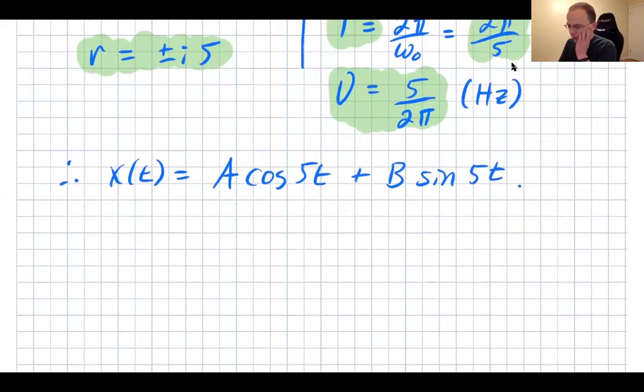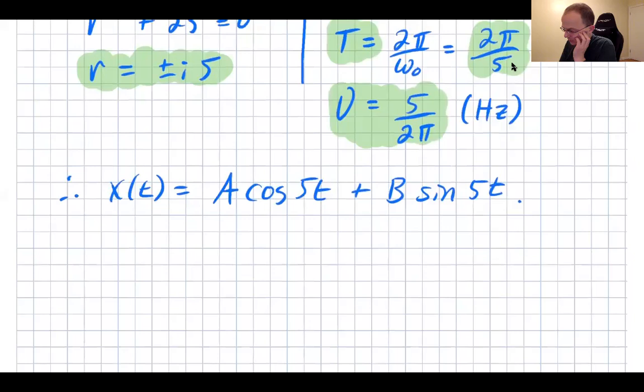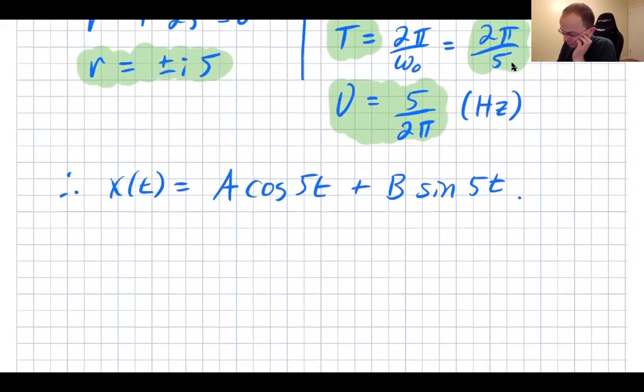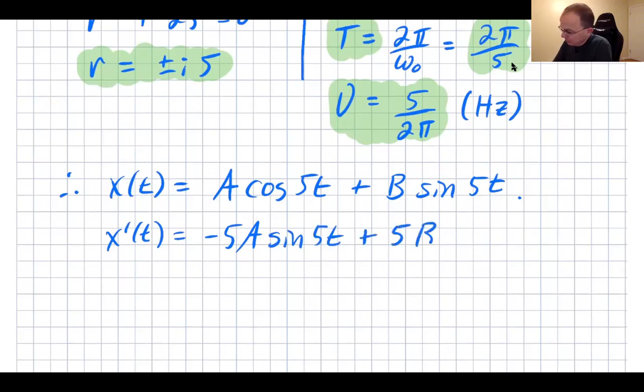Now we want to write it in that other form, so we need to first compute the value of c. Oh wait, we need to use the initial conditions to get the a and the b first. Before we do that, we'll need the derivative of x. So we'll have negative 5a sine 5t plus 5b cosine 5t.